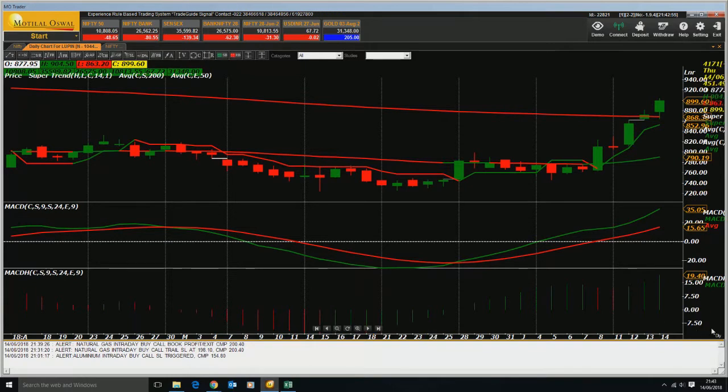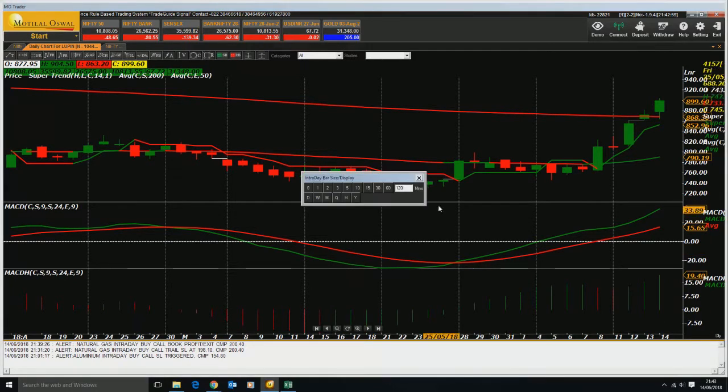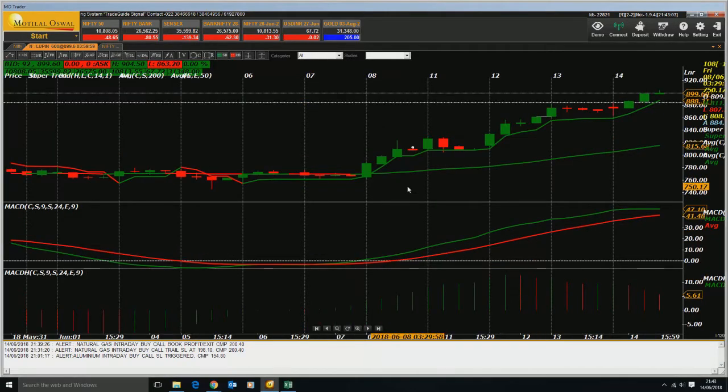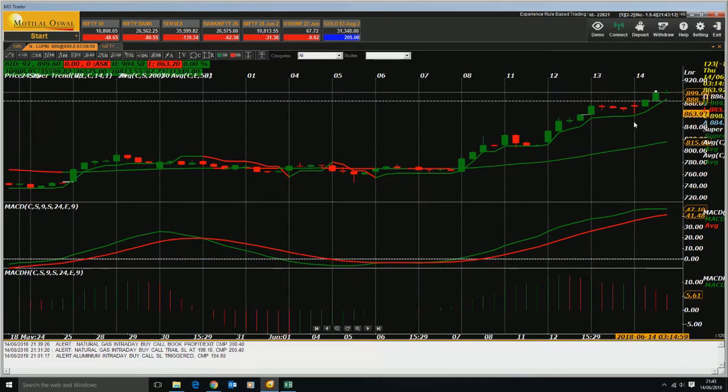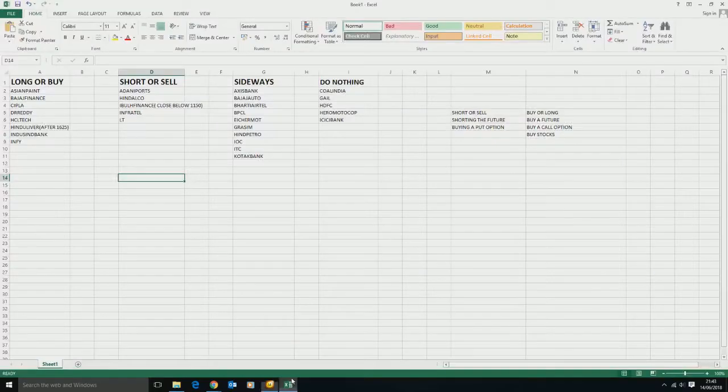And if I go onto 120 minutes here on my execution time frame, yes, it's a confirmed buy at approximately 900 with my stop loss at 880 for swing trades, and it could potentially reach 950. So Lupin, it's a confirmed buy for my swing trades or monthly trades.